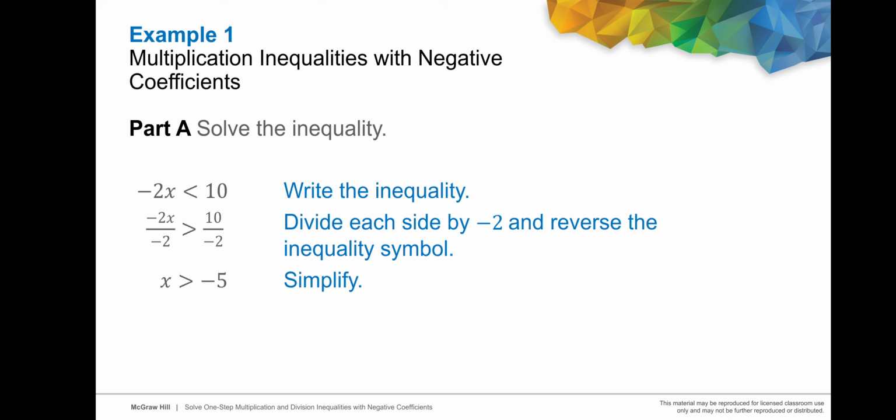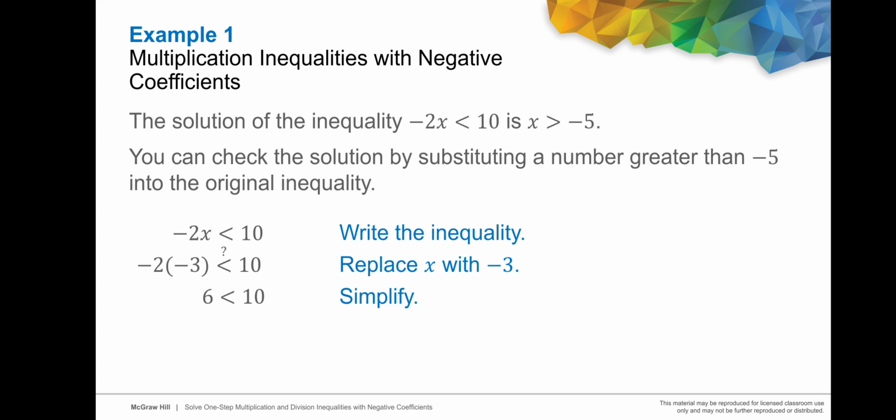When you divide by a negative, you have to switch or flip the sign. Instead of negative 2x less than 10, it will be x is more than negative 5. Notice here, before it was less than, and then it becomes more than negative 5. So the solution of the inequality negative 2x less than 10 is x is more than negative 5.